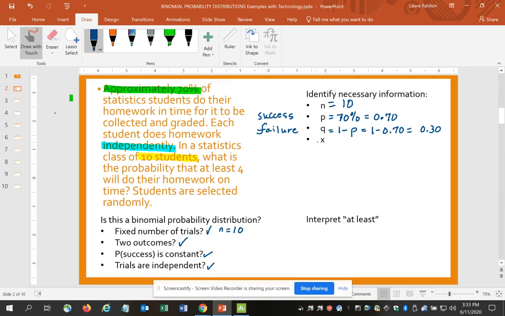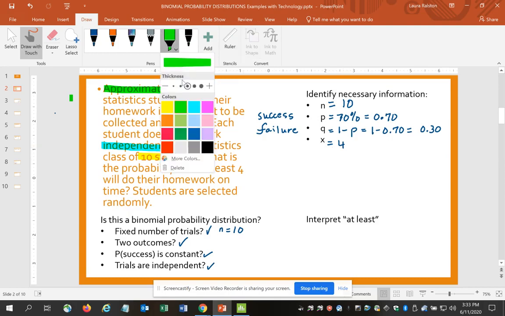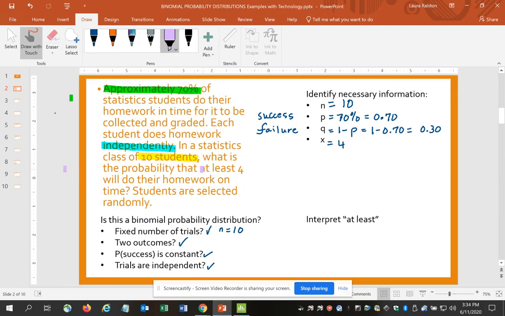And X represents your random variable, how many you're looking for. In this case, that number is 4. More specifically, it asks us to find at least 4.